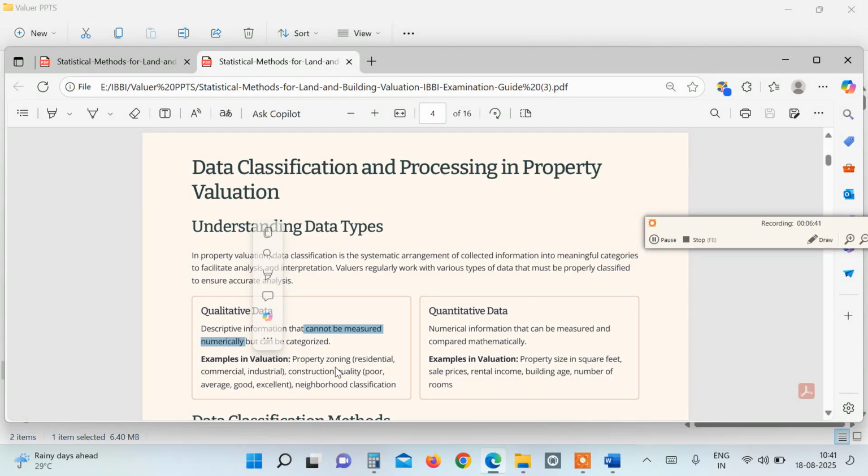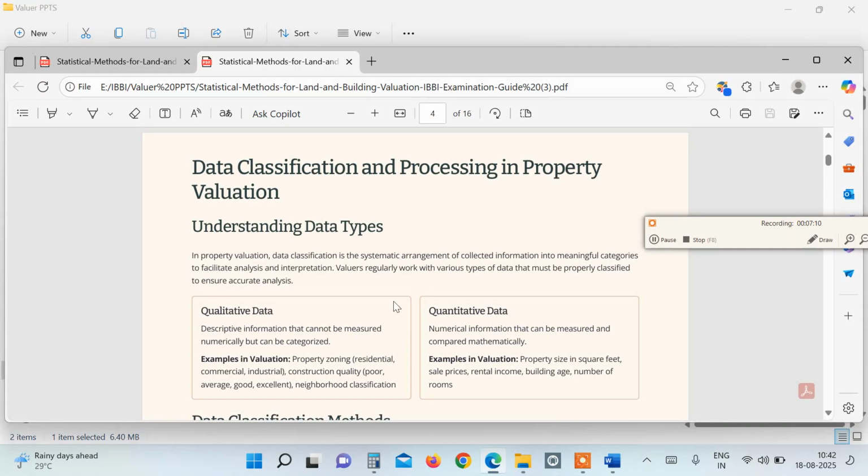For example, property zoning, whether the property is residential, commercial, or industrial, or construction quality, such as poor, average, good, or excellent quality, or neighborhood qualifications. So the data which cannot be expressed numerically is called qualitative data, which gives the quality of a certain factor.